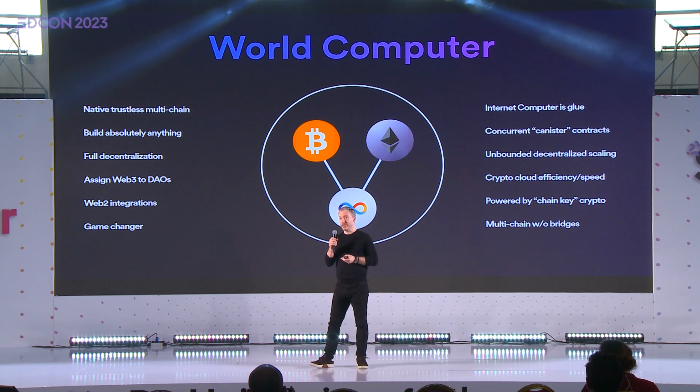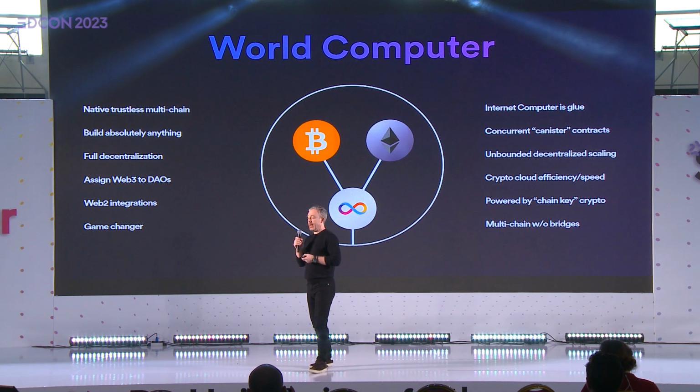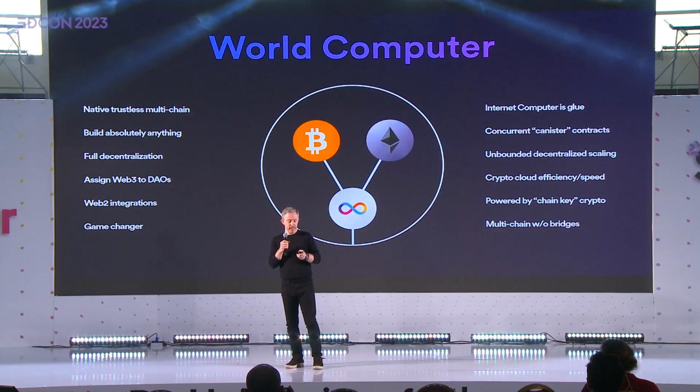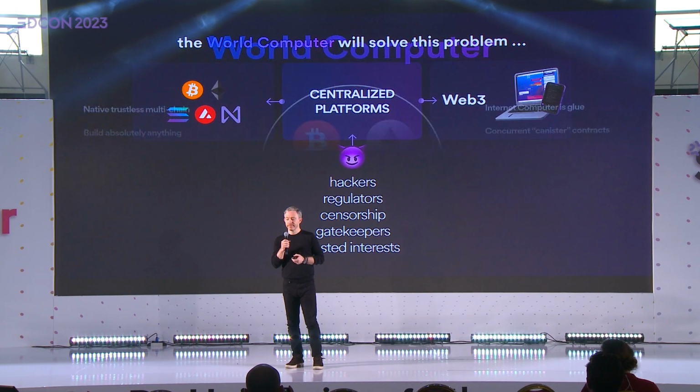And the Internet Computer is the glue that makes this possible. It has something called concurrent canister smart contracts, which, if you're curious, remain deterministic. And it gives you unbounded scaling and crypto cloud efficiency and speed. And it's powered by this thing called chain key crypto.